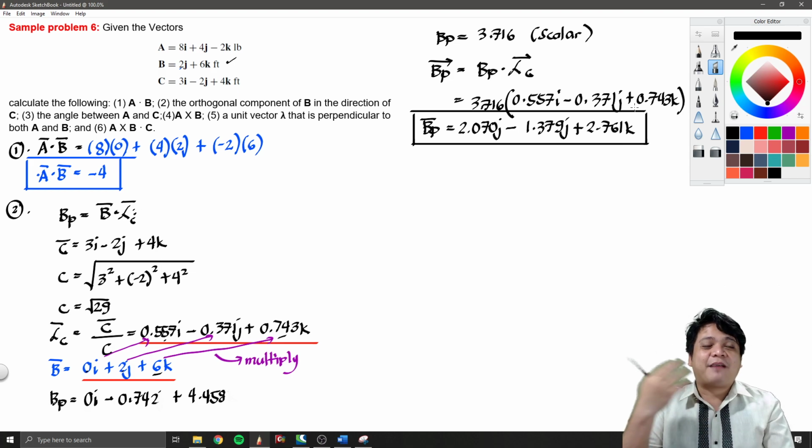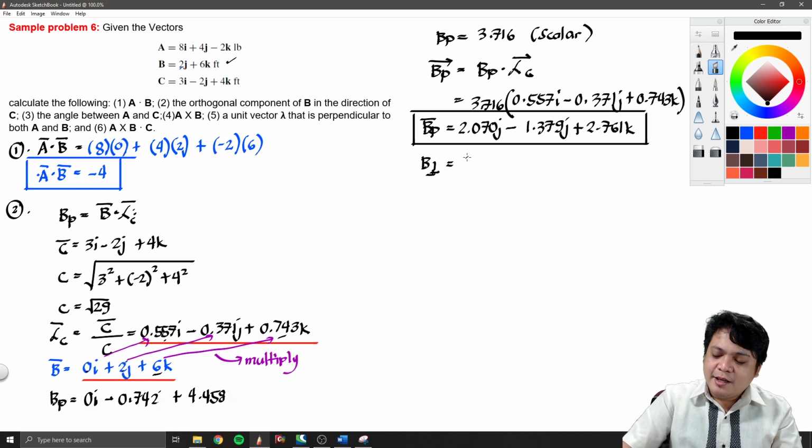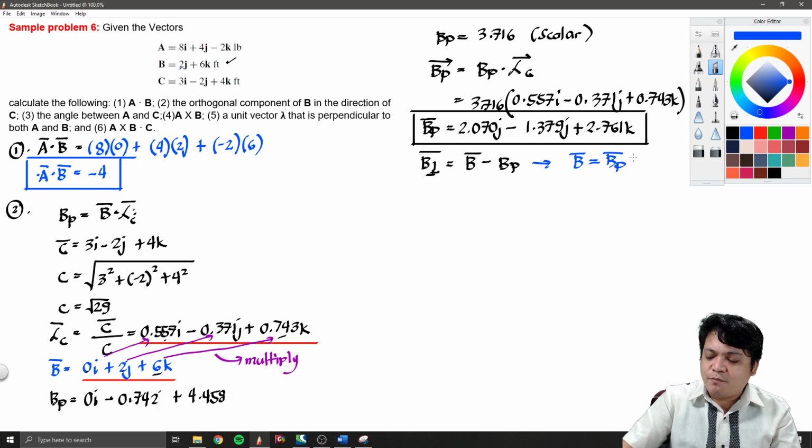Okay? So, sige, para mas maintindihan natin, ano naman natin yung ating perpendicular. Okay? So, again, sabi nga natin kanina, ima-minus na natin yung BP, no? Kasi perpendicular lang naman siya eh. So, yung total B natin, it should be the parallel component plus the perpendicular component.